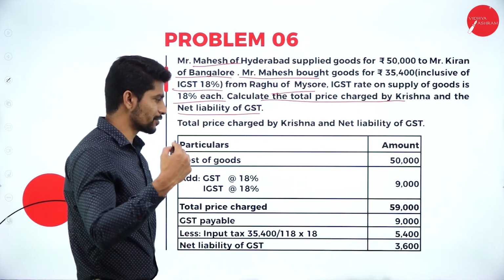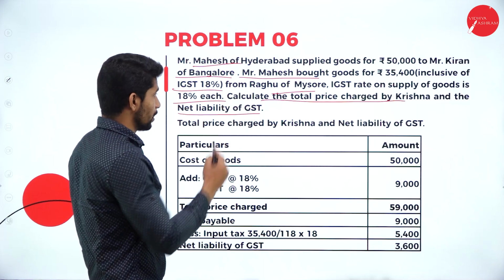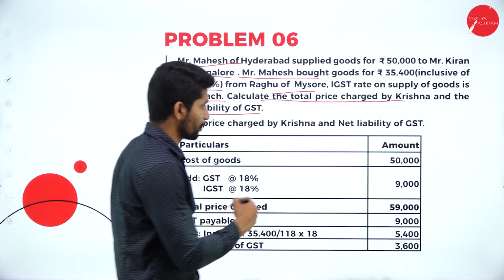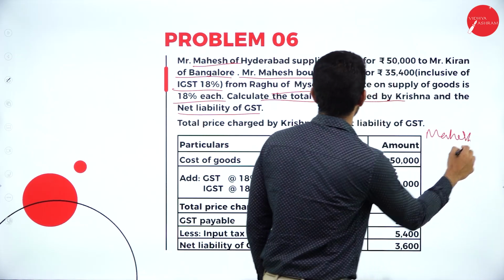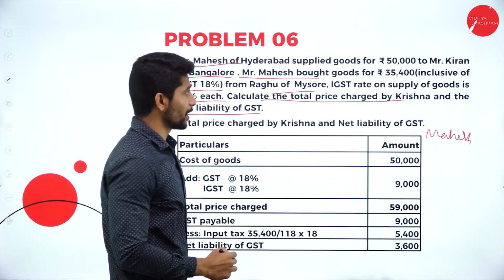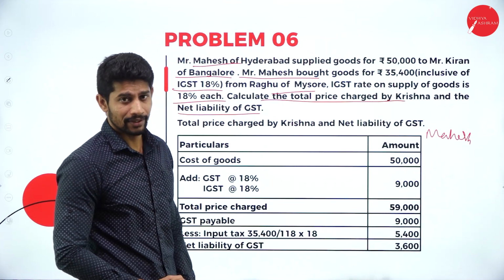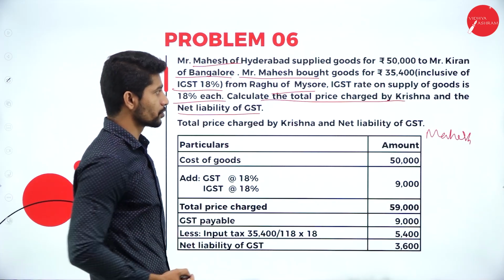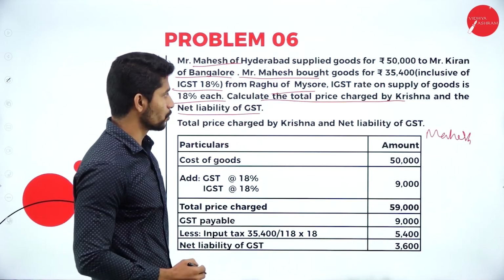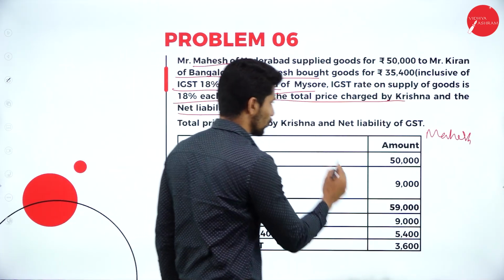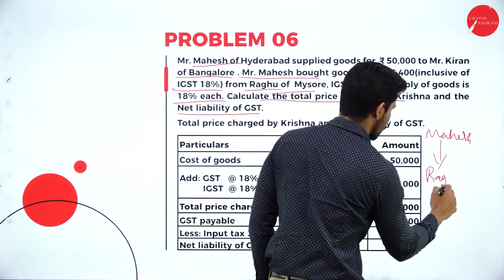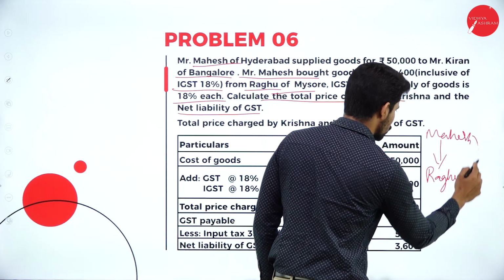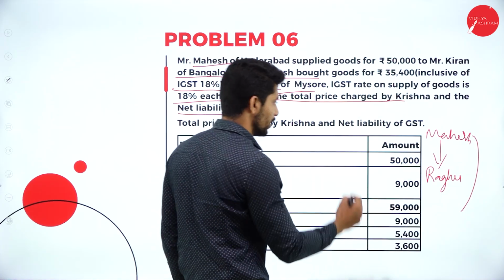So here again it's very easy. We have three parties, Mr. Mahesh, Mr. Kiran and Mr. Raghu. So Mr. Mahesh supplied goods to Mr. Kiran. Before supplying the goods to Mr. Kiran, he purchased the goods from Mr. Raghu. So Mahesh purchased the goods from Mr. Raghu and then he sold the goods to Mr. Kiran.